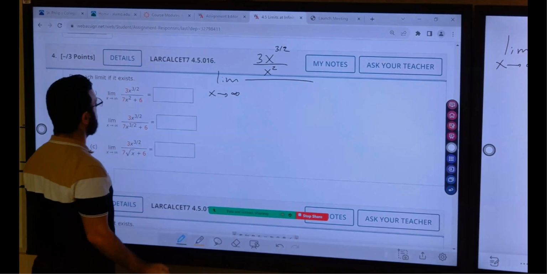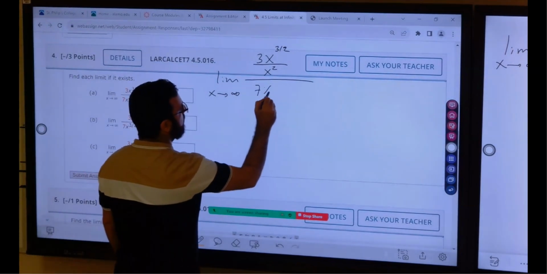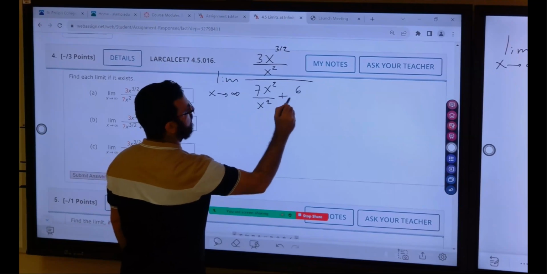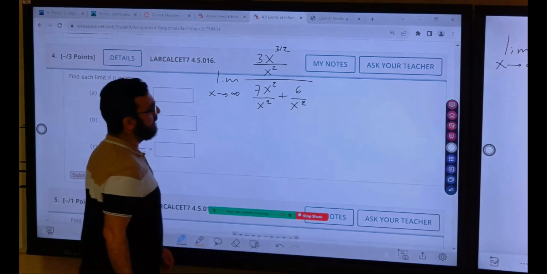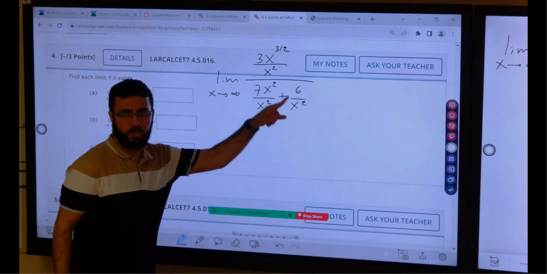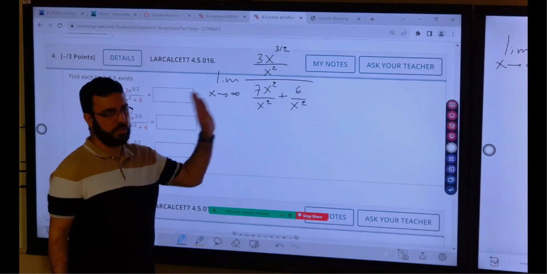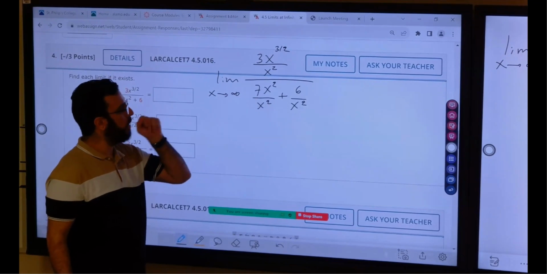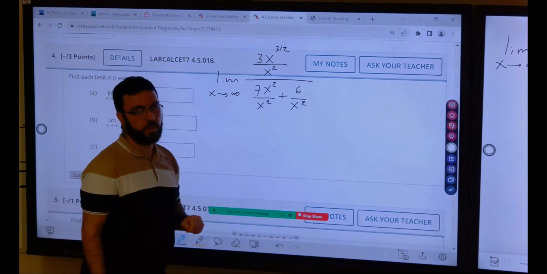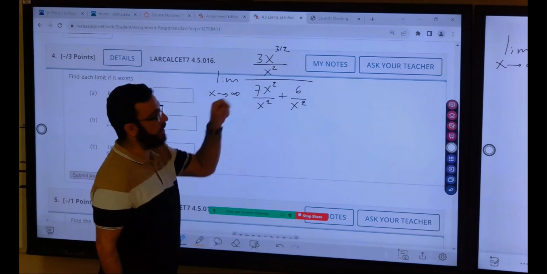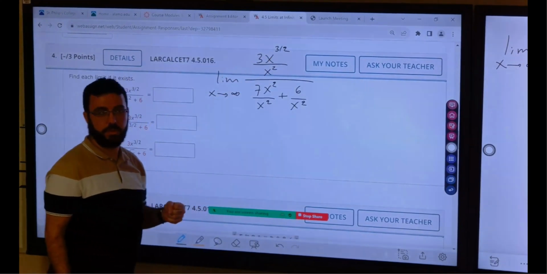On the bottom is going to be 7x squared divided by x squared plus 6 divided by x squared. So you can tell this is 0. This is 7. So I have 7 plus 0. But here, if we have x to the 3 over 2 over x squared, what am I going to do?